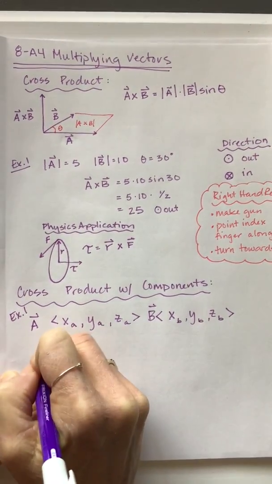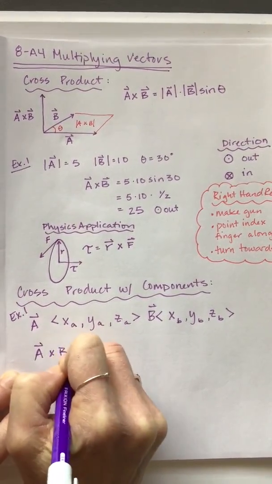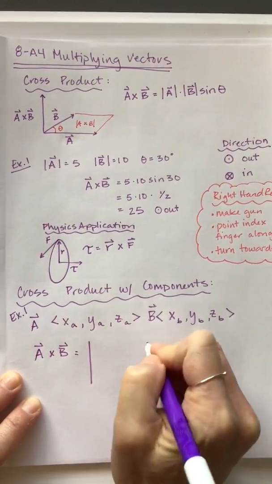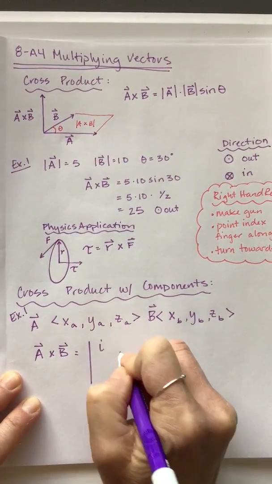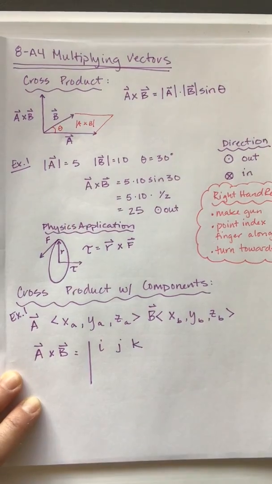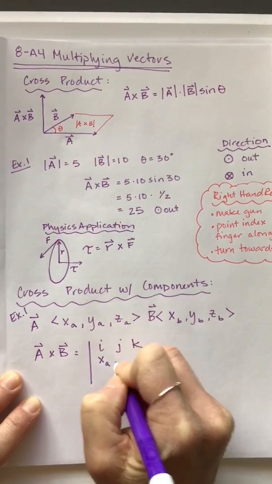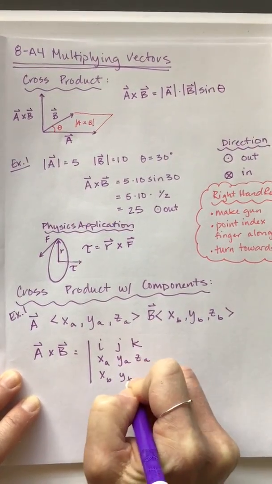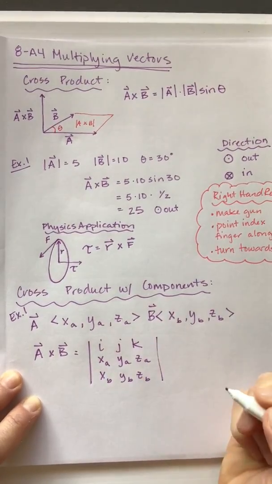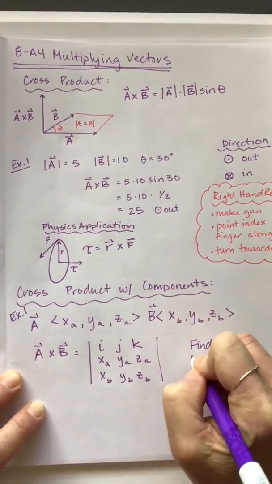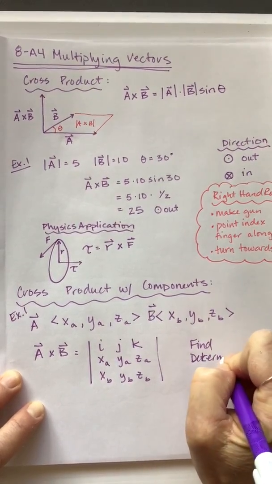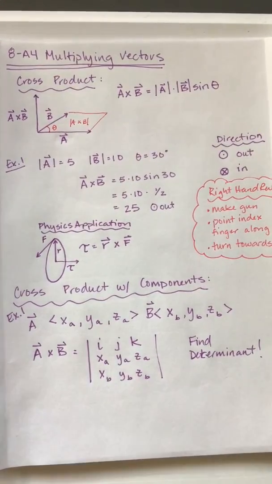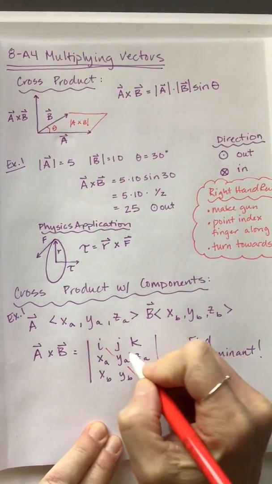Okay, so the way you cross them is you do the determinant. And your top row is I, J, and K. That'll give you your directions. And then you just fill in X sub A, Y sub A, Z sub A, and X sub B, Y sub B, and Z sub B. And then find the determinant.